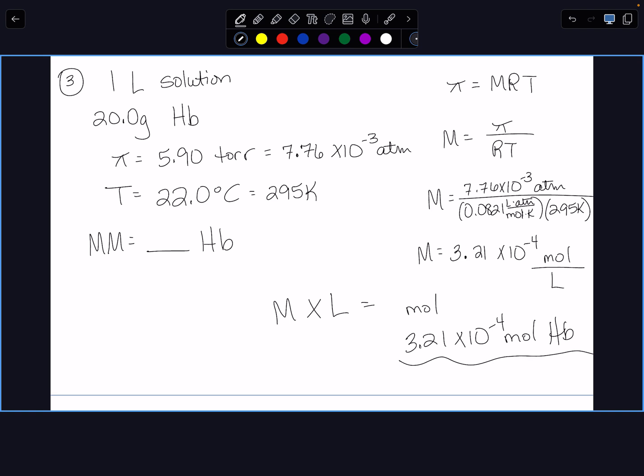What am I trying to figure out? The molar mass. What's the unit of molar mass? Grams per mole. So how are you going to figure out the molar mass of hemoglobin? It's the grams of hemoglobin divided by the moles of hemoglobin.